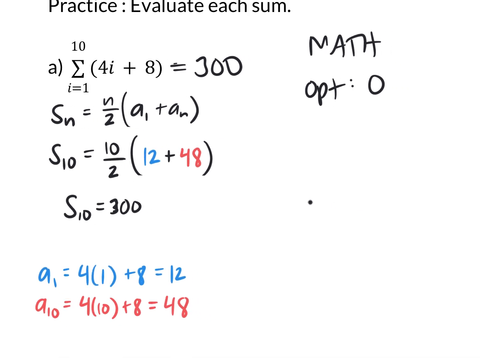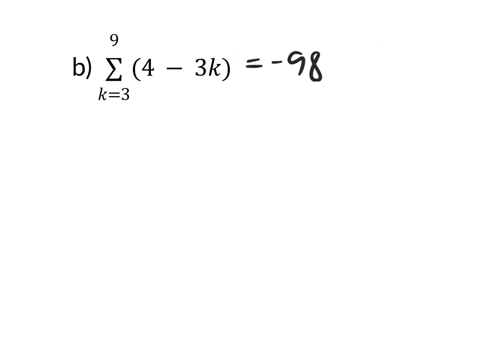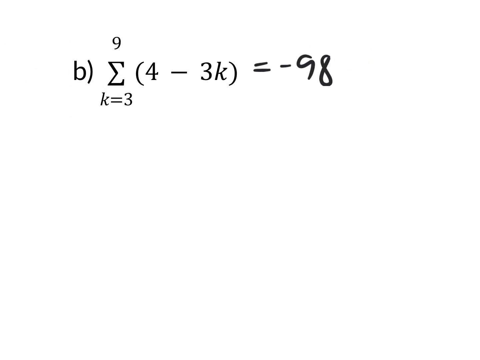Now, this next one's a little different because it doesn't start at 1. So we need to think a little bit more critically about this one. What term am I starting on here? The third term, okay? I'm starting at 3, plugging in 3, and I'm going up to 9, right?